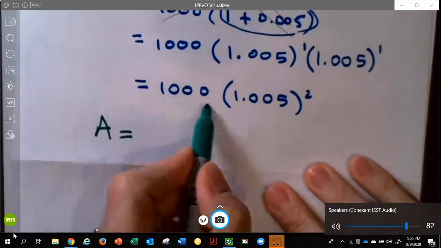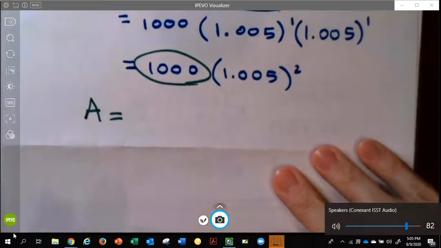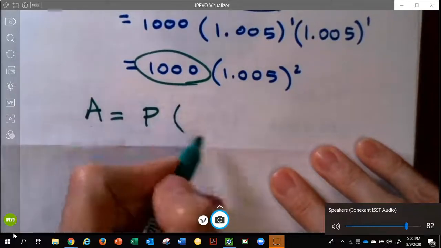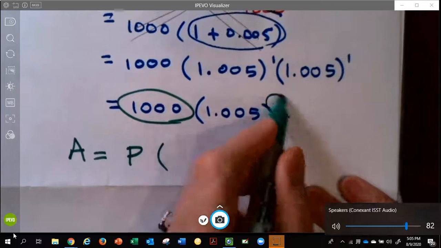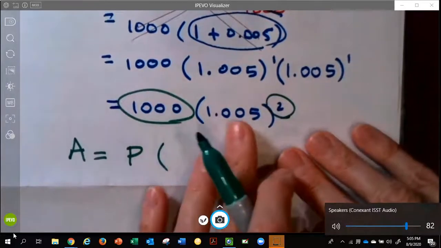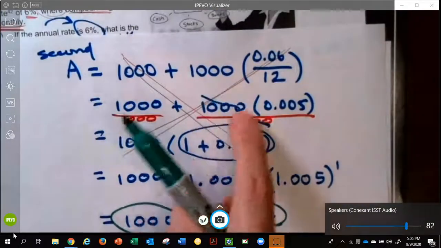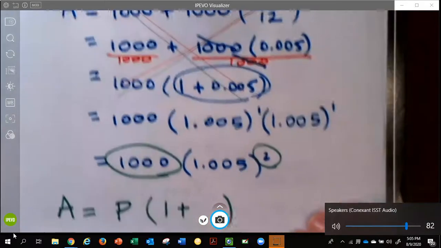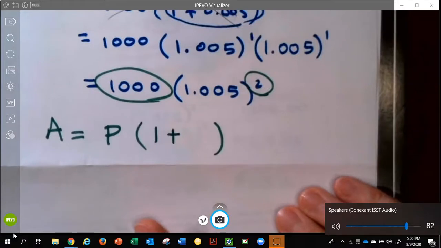A equals. Instead of just calling it 1,000, what would we call it? Well, write down P. And then we get this piece in the middle, and then we get this piece up in the exponent. So let's go to this middle. Remember, we started right here with a 1 plus. Well, that looks familiar. That was in our compounding interest formula.